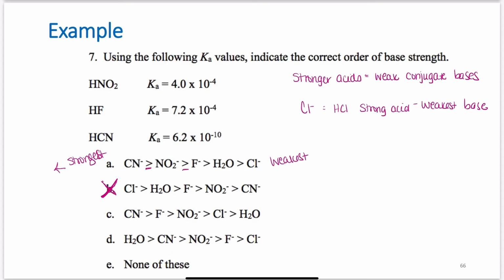Well, first of all, now I know the answer is A because I know Cl minus is the weakest base of all these. But if I looked at the others, I know CN minus, NO2 minus, and F minus come from weak acids, which means that they are basic.